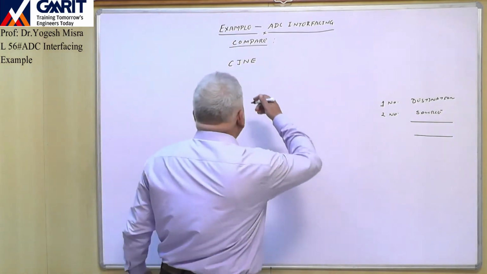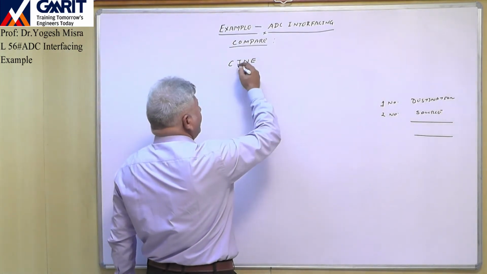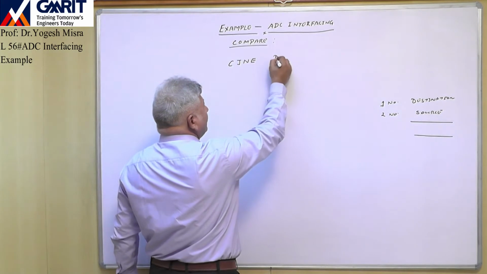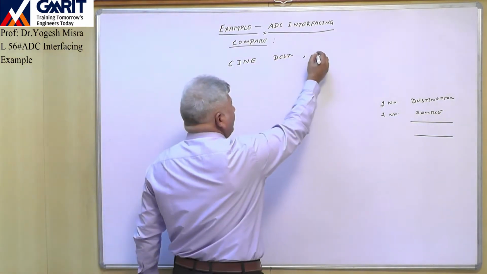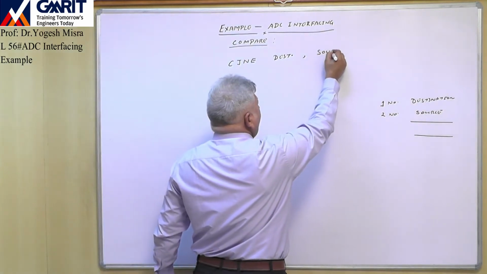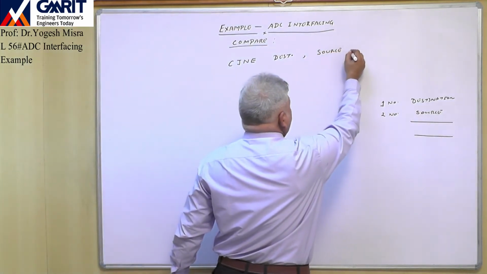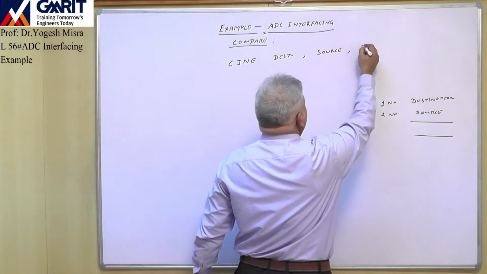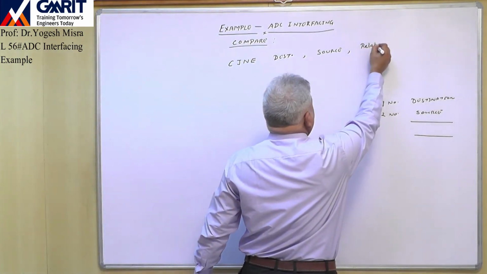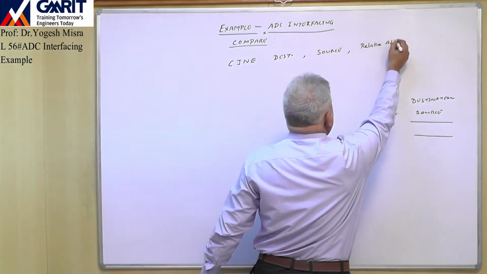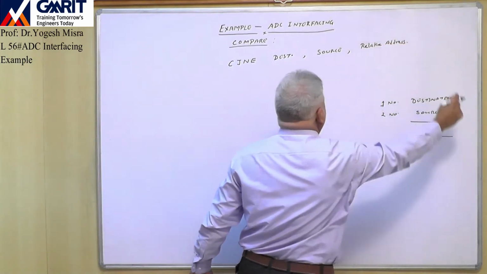So the syntax of this instruction is CJNE destination, source, relative address.